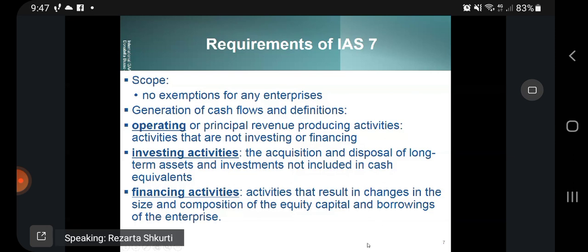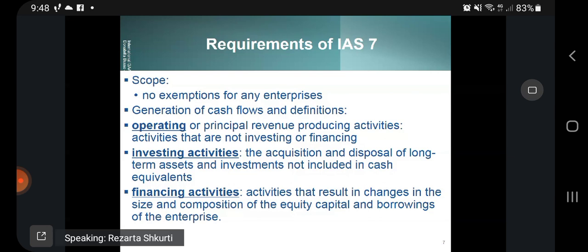So remember, there are three main categories in the cash flow statement. Operating activity will gather and summarize everything that is primarily generating revenue for the company, whereas investing activity will gather and summarize all the transactions that change the investing structure of the company, every time you change the amount of tangible or intangible assets.